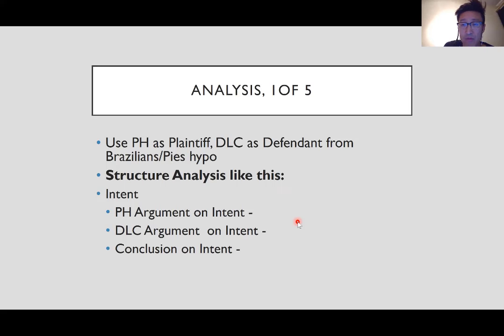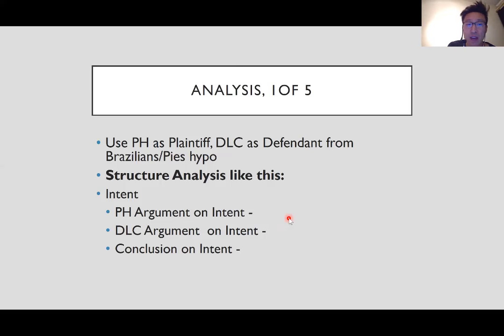You may be able to avoid analysis on some issues where it's easy, and it's hard to go back and forth when you're spread out, when you set out intent, then offensive, and then touching, and then without consent. If you lay those four out and then go to the defendants, and then if you have rebuttal arguments, the structure gets quite muddled quite quickly.